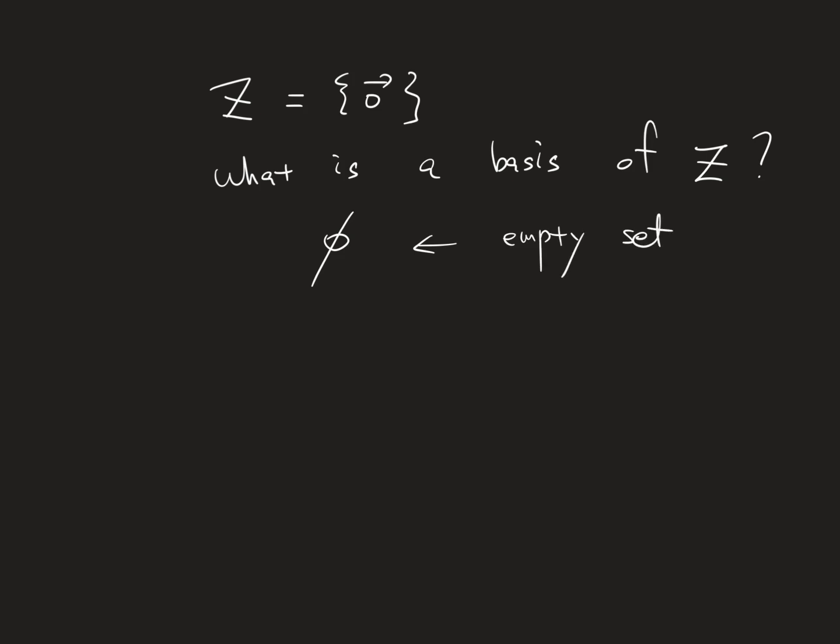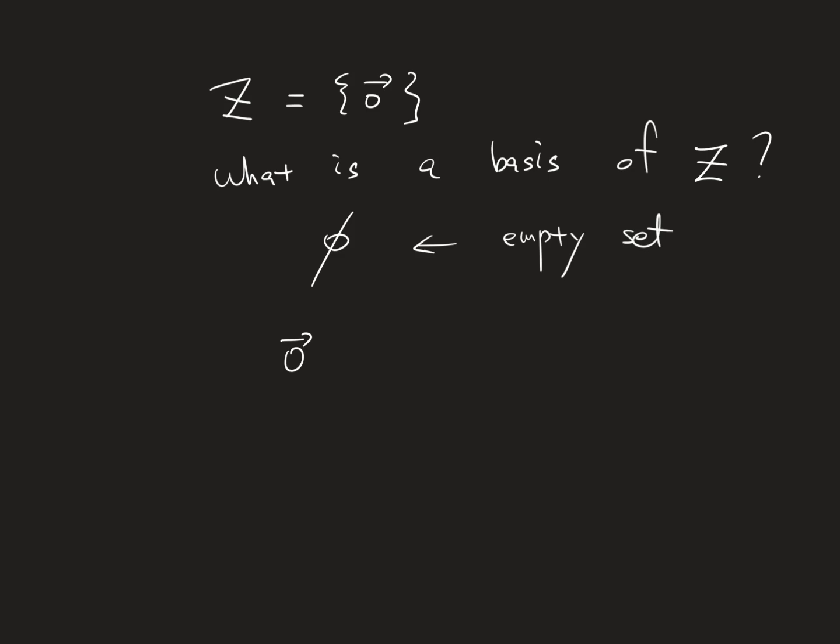Sometimes some students write the answer like this, or just the 0 vector as a basis, but it's a wrong answer because a 0 vector cannot be a member of a basis.